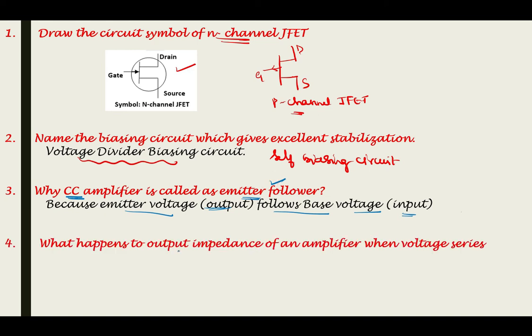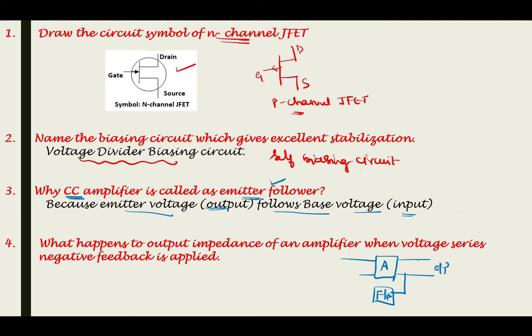What happens to the output impedance of an amplifier when voltage series negative feedback is applied? See, in feedback amplifiers, this is an amplifier, and this is a feedback network. An amplifier, you know very well, has an output and an input. Now when I say voltage series negative feedback, the circuit will be like this.